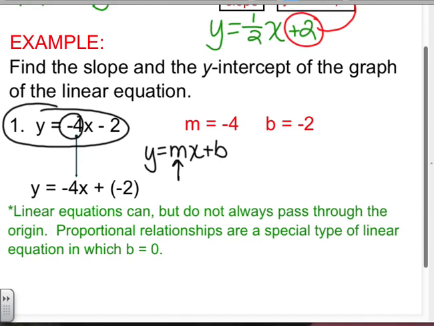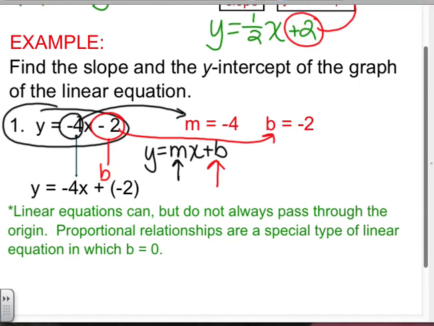That number is your slope. That's your m. Then, as far as the y-intercept, represented by a b in this formula, which is really out here, that is your y-intercept. So the y-intercept is actually a negative 2. So that is where that comes from.